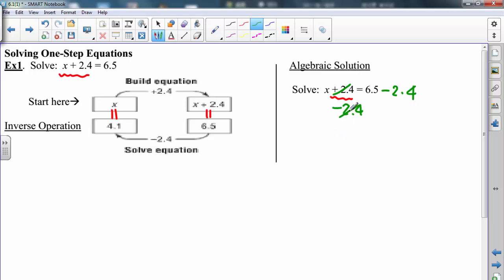We can cancel out these two numbers. That's how we can isolate x from positive 2.4. So on the left side this time, I only have x left. Then x equals 6.5 minus 2.4, which is 4.1.